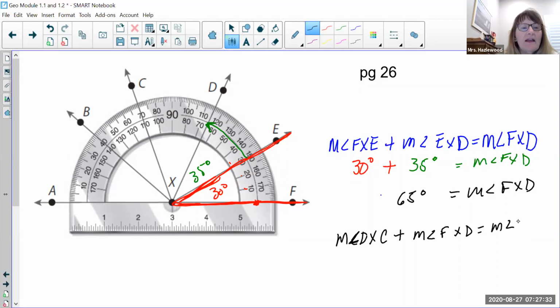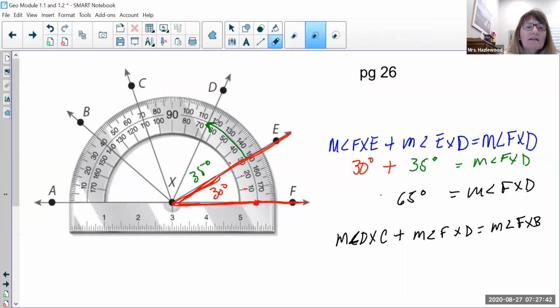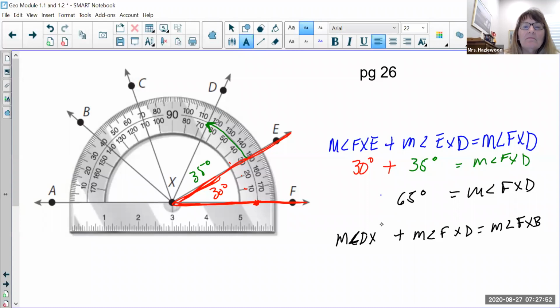So FXB. Let's just change this one. So this is DXB. I want this one to be B. Okay, so go ahead and solve those.